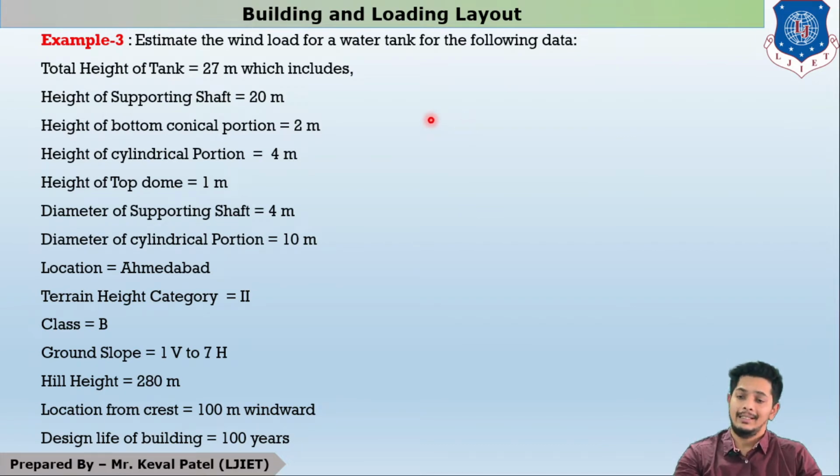Here, problem 3 is like this. Estimate the wind load for a water tank for the data given.